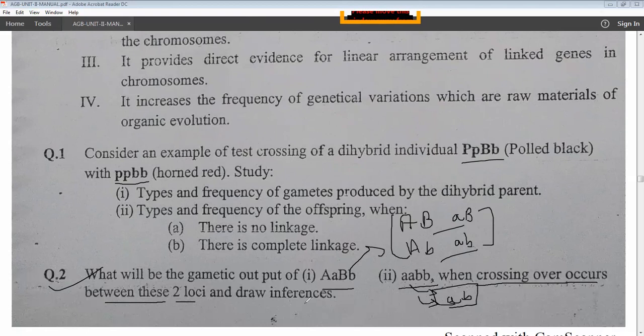As we do not know which situation is there in this particular individual, the generalized inference is that in the case of incomplete or no linkage, we will have these four kinds of gametes. If it is incomplete, then this and this are the recombinant forms, so the recombinant forms will be less, and these are the parental forms, they will be more. Very simple.